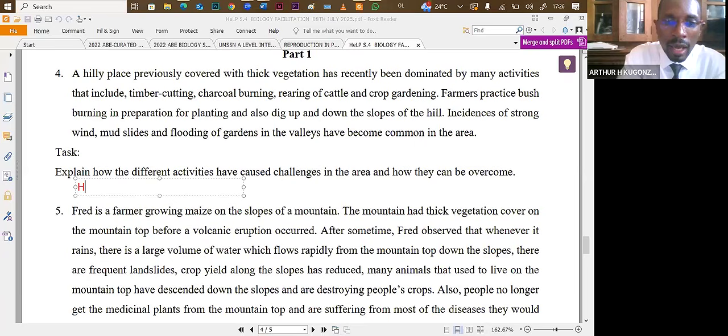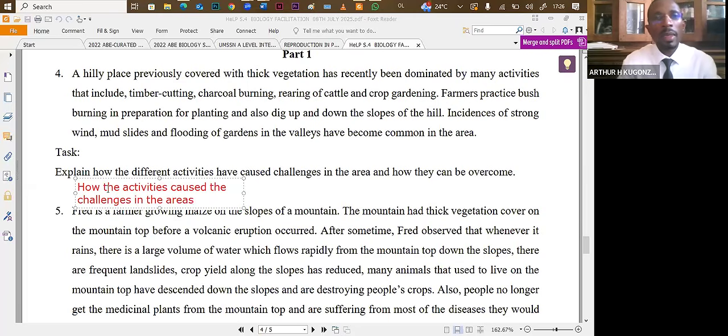It wants to see how the activities caused the challenges in the area. The question is, when they say how the activities, what are these activities? And what are the problems in the area?